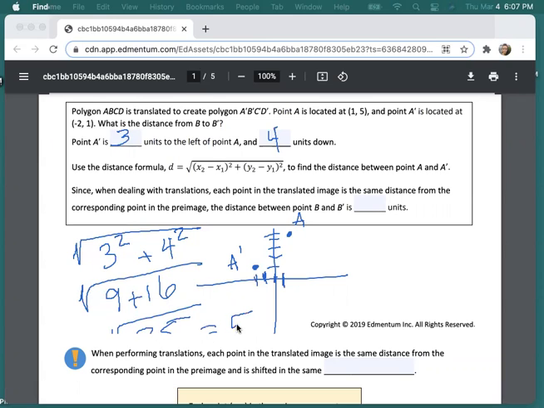So the distance between them is 5. So the distance between B and the new B is going to be 5 units because you're shifting the whole thing to the left and down.